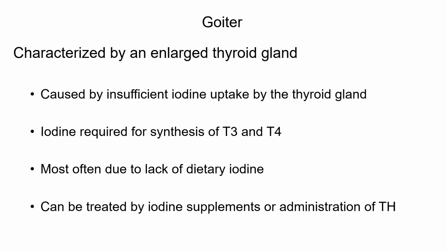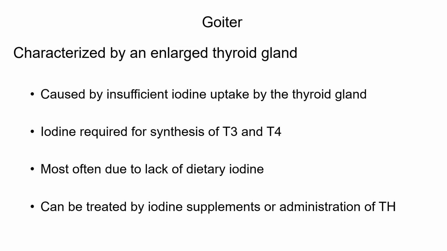So goiter, or more specifically a simple goiter, is characterized by a lack of dietary iodine. In response to not enough iodine in our blood, the thyroid gets larger. Those follicular cells are constantly grabbing iodine from the blood because it's a key ingredient in making T3 and T4.